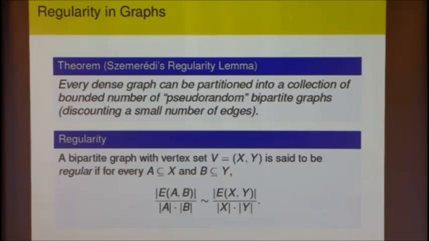If you look at this property, it involves going over all possible subsets A and B. So it involves exponentially many choices. So it's very non-trivial to frame this regularity lemma algorithmically, in the sense that if we want to actually find the collection of pseudo-random bipartite graphs in polynomial time, then it's not clear from this definition how to go about it. Okay?